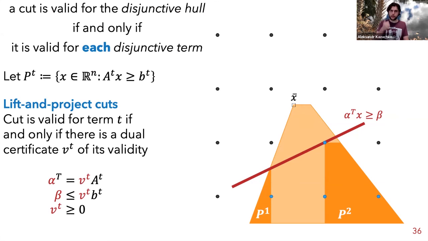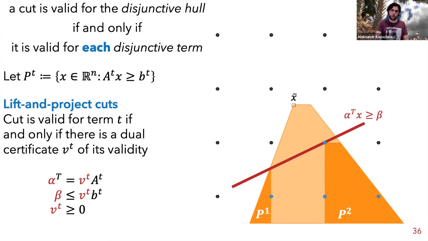Each of those inequalities, those cuts, is valid for term t if and only if there exists a dual certificate, by applying the Farkas lemma, that certifies the validity of that cut. And that looks like this system at the bottom of the screen. Alpha transpose equals v^t A^t, beta is less than or equal to v^t b^t, and the v^t are greater than or equal to 0.